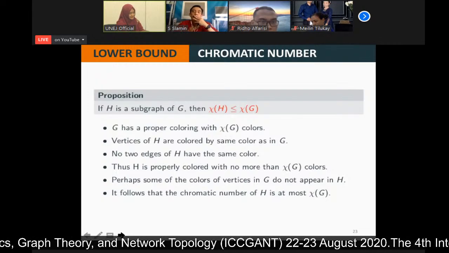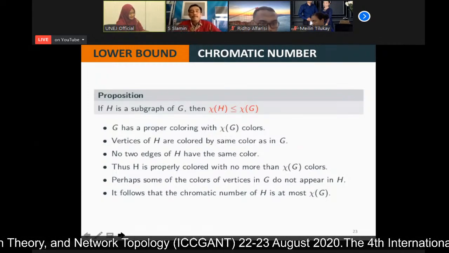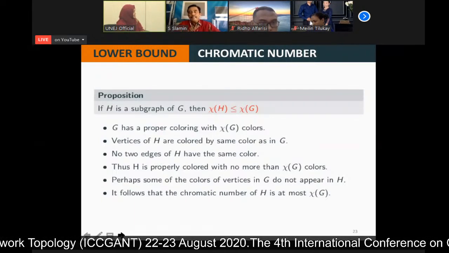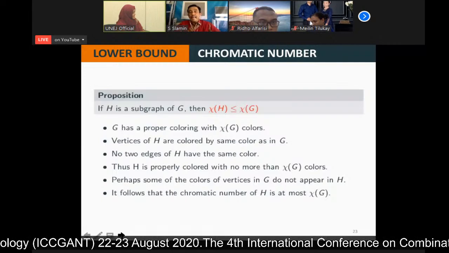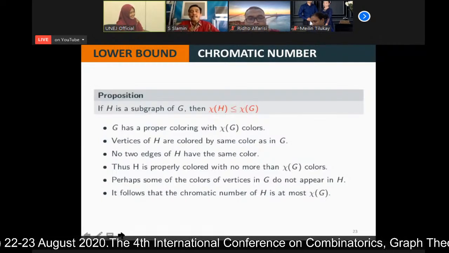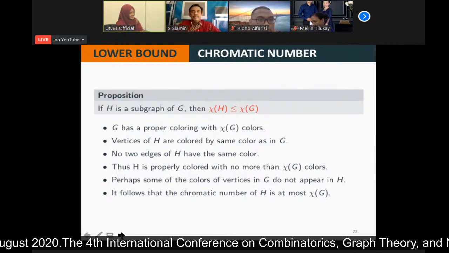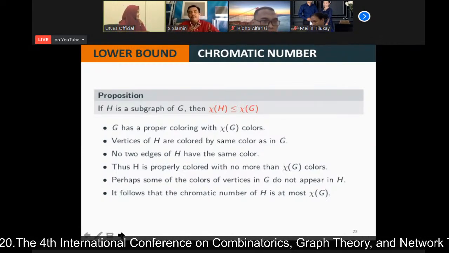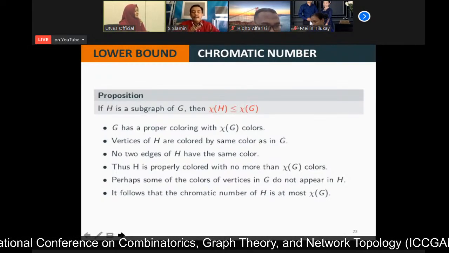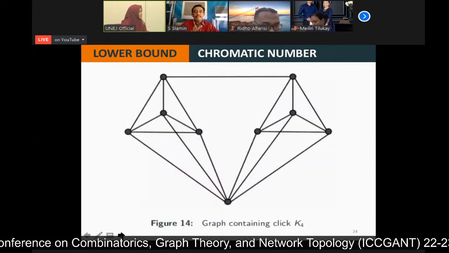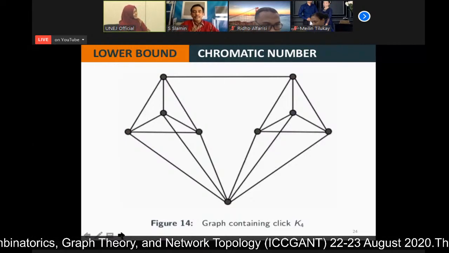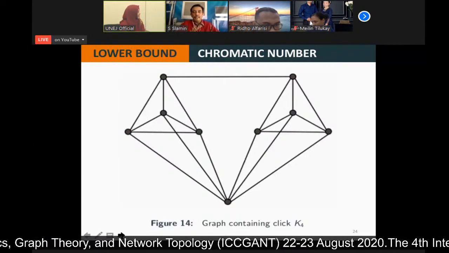It means that if we want to find the chromatic number of G, we can get a lower bound by checking the chromatic number of a subgraph. Then to see the upper bound, we have another result. Before I give you an upper bound, let me give an example for the lower bound.